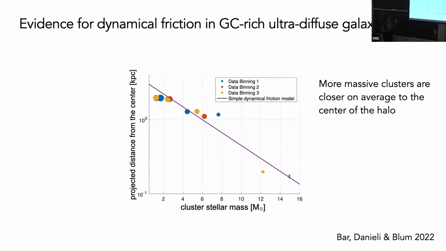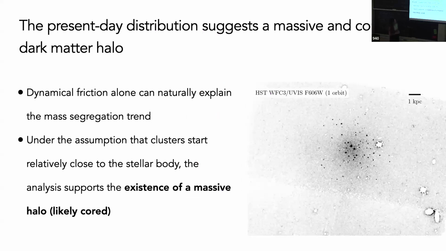So this is how it's measured: the projected distance from the center as a function of the star mass, and we do see this mass segregation. On average, the more massive ones are at the center compared to the less massive ones. And what we did, a student that I worked with at the Weizmann Institute, who unfortunately left astronomy, he was excellent, he set up a simulation with a static dark matter halo, and he put in these point particles, which are the globular clusters.